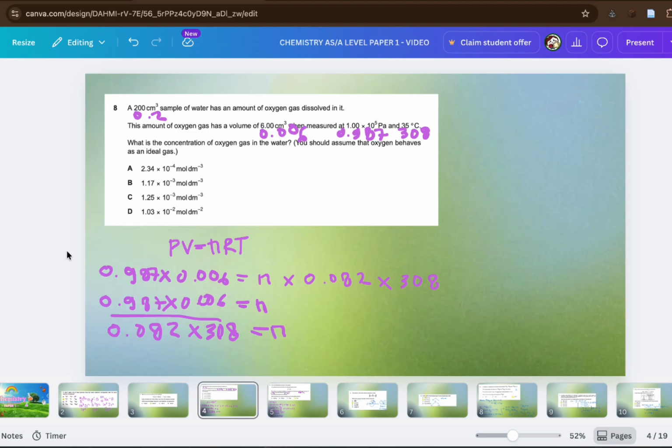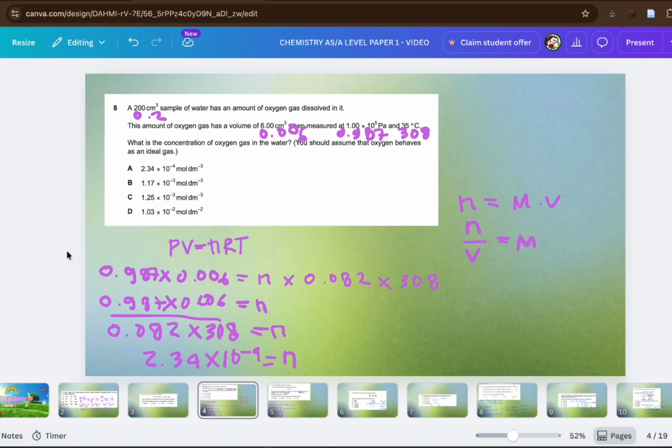Okay, let's try to calculate. 0.987 multiplied by 0.006 results in 5.9 times 10 to the power of negative 3. We divide that by 0.082 times 308, which results in 2.34 times 10 to the power of negative 4. That's our mole there. Now that we have found our mole, we have to find the concentration. The equation for the concentration is mole over volume.